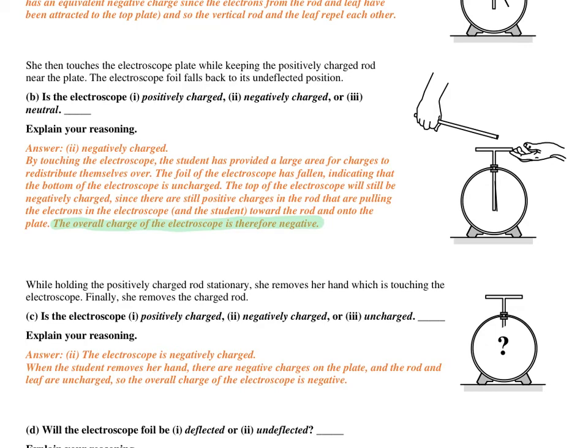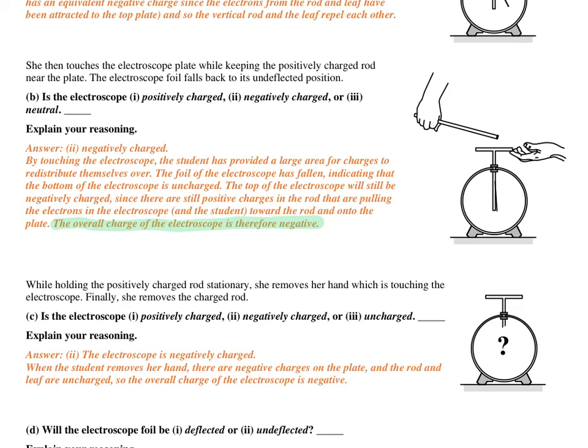So the answer, which we basically obtained from the prior stage of the question, is that it is negatively charged. So the overall charge on the electroscope is now negative. It's still probably pulling more up to the plate than are down low. But it's probably maxed out its capacity at this point.